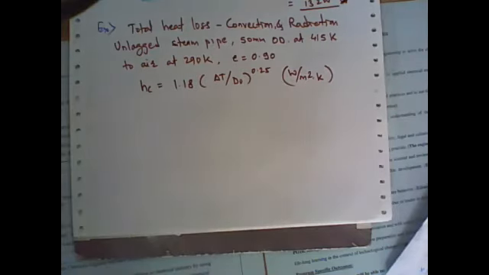So this is the given data: we have to calculate the heat loss by convection as well as radiation.